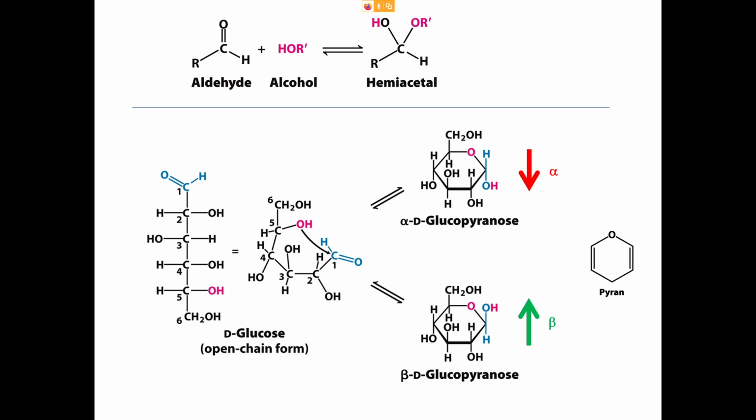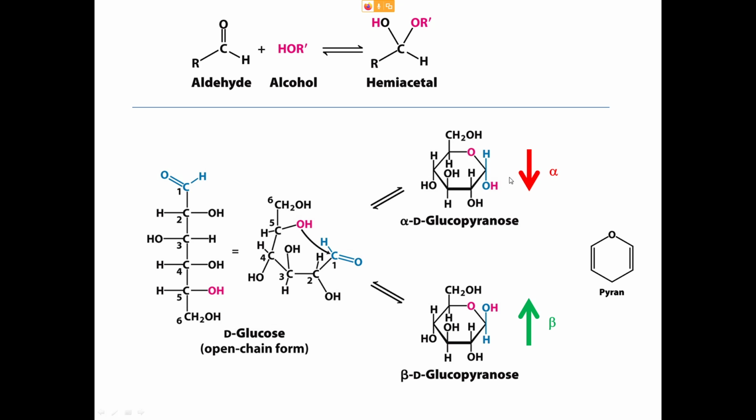We'll call it glucopyranose. The pyranose refers to the shape this molecule takes, right? It kind of resembles a pyran ring. It is not pyran, there are no double bonds in it, but it resembles a heterocyclic ring of 5 carbons and 1 oxygen, and that's kind of what we have now.